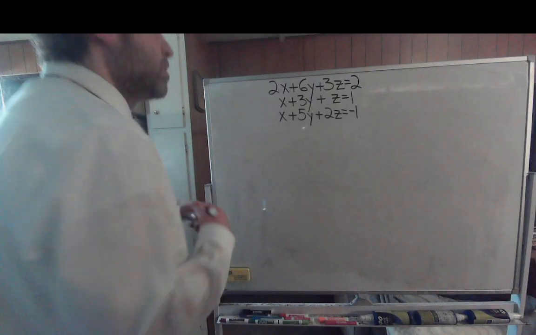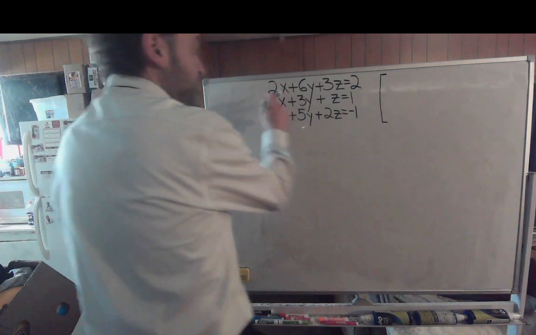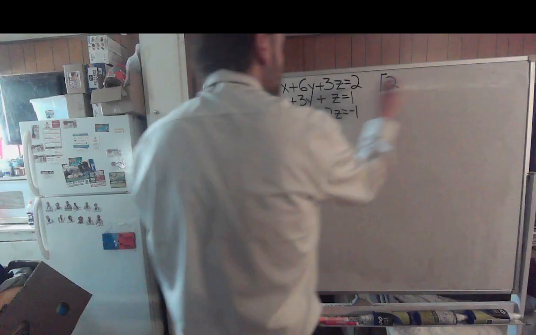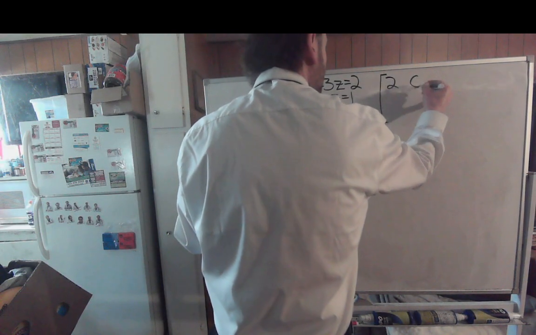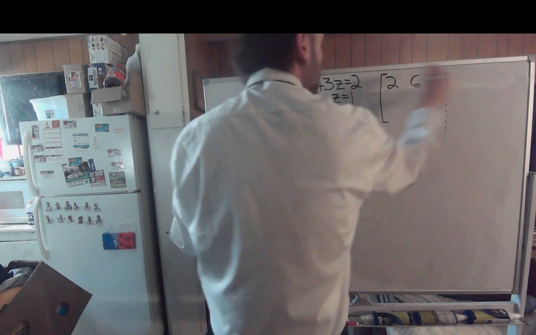So let's set up our augmented matrix first. So 3 equations means 3 rows. In the first row, take the 2 that's on the x, the 6 that's on the y, the 3 that's on the z, and then to the right of that line of augmentation, put your 2 there.